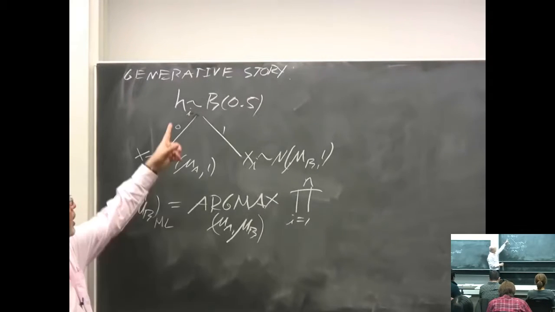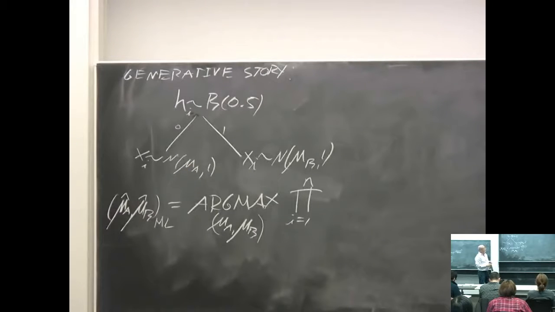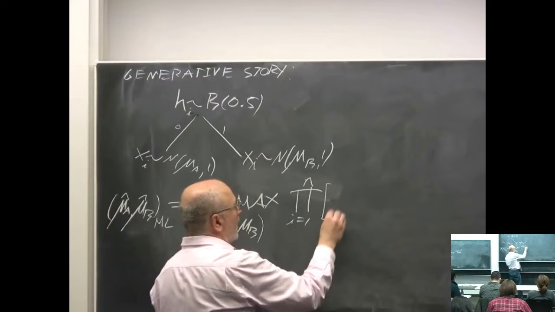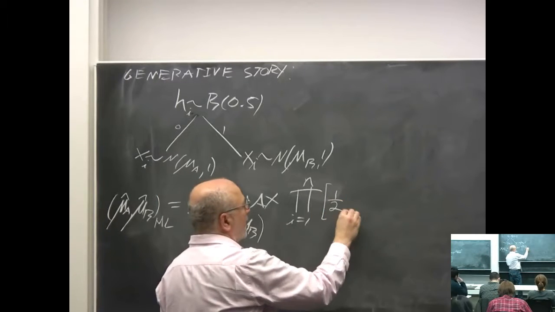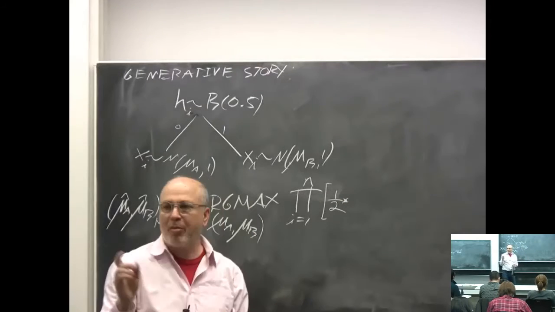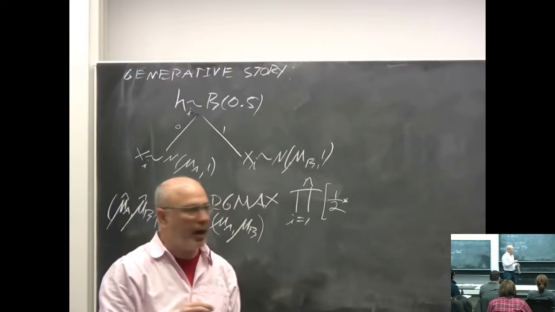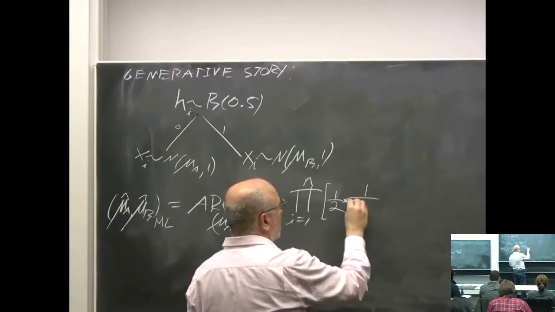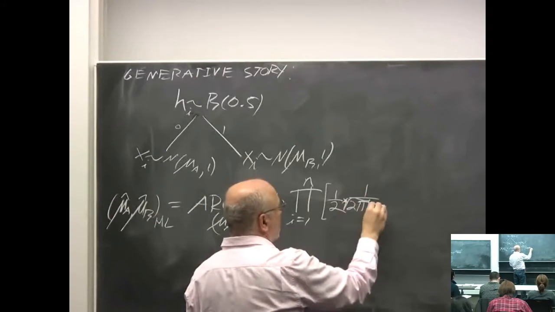Now I need to look at my graph. There's a 50% chance that this xi will be generated from mu A, and a 50% chance it will be generated from mu B. So this becomes 1/2 times the likelihood of a particular xi being generated by mu A. So that's 1 over square root of 2 pi sigma.